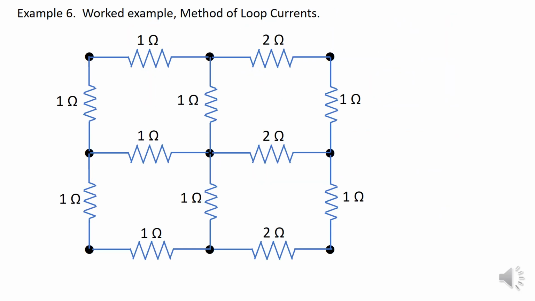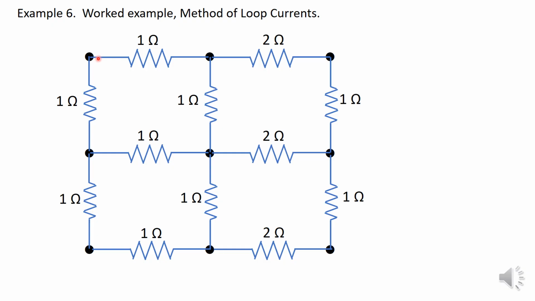Here is example 6. This is a worked example on the method of loop currents. Here we have an electrical circuit, and you have these 9 nodes and these branches.